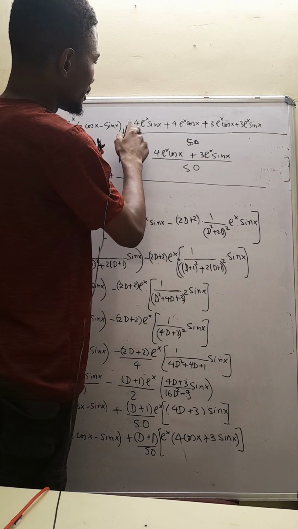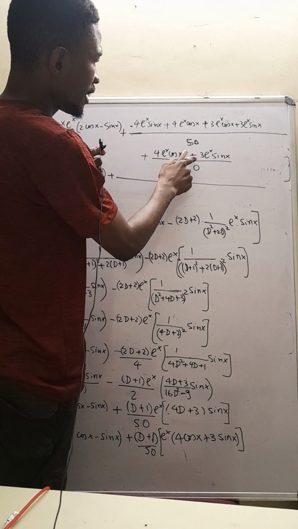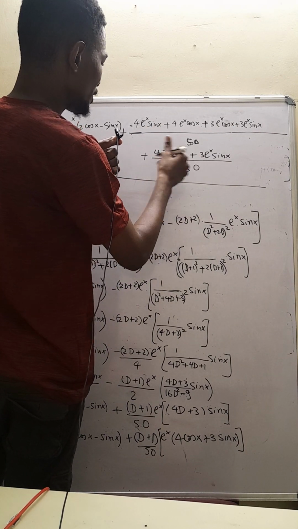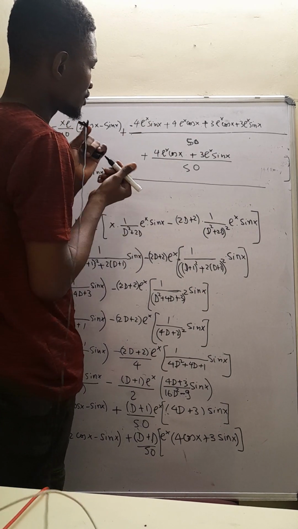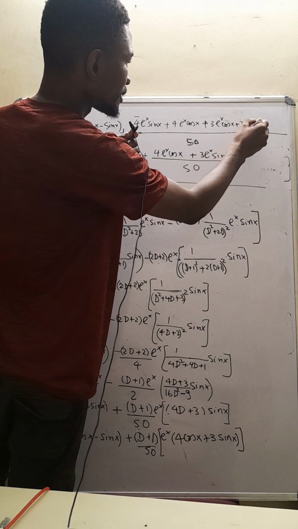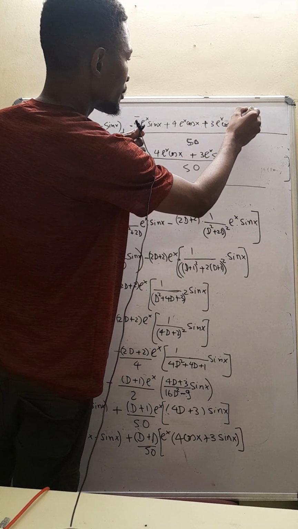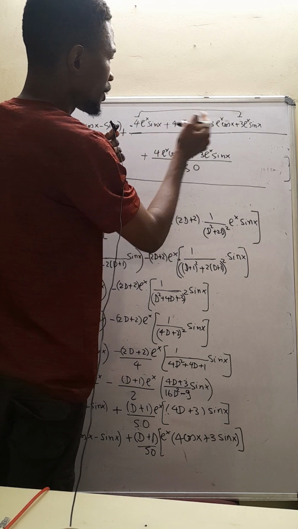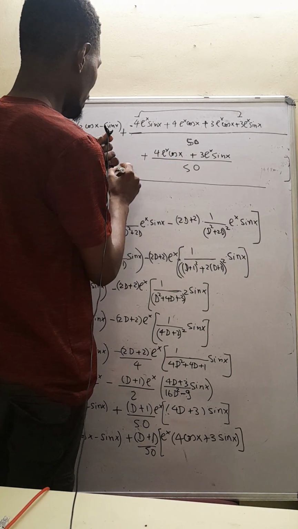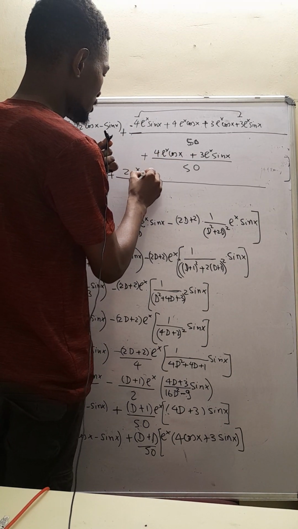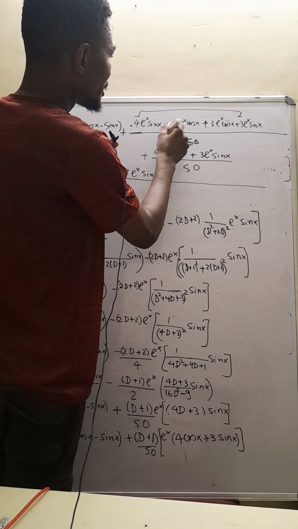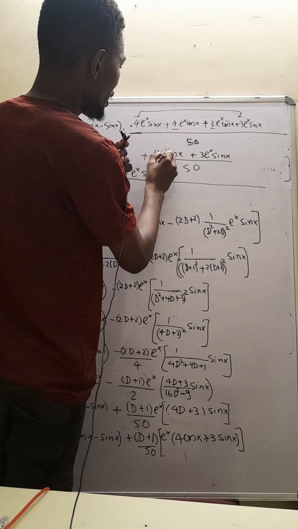If you add this minus Euler raised to x sine and this guy, put sine together, Euler raised to x sine together, you get 4 minus 4... this will be only one time repeated, negative. And this guy will be 2 times. So it will be 2 Euler x sine of x. Okay? Only 2.